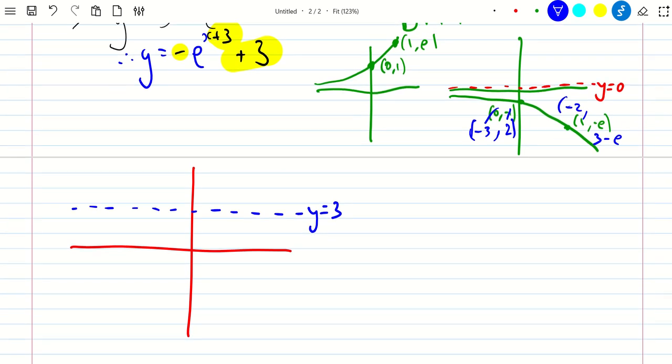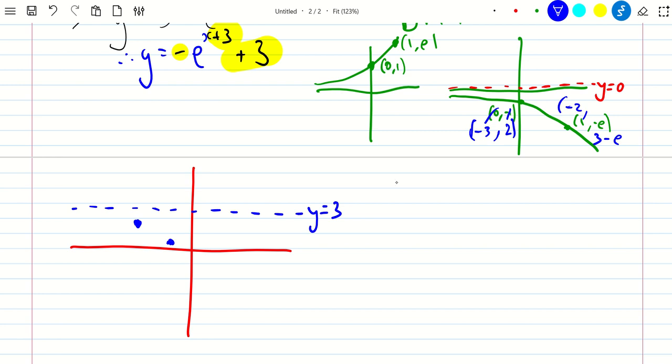So we've got y equals 3 coming through. This is going to sort of come through there. And so we've got the point negative 3, 2, so somewhere up here, and the point negative 2, 3 minus e, which will be something like there.